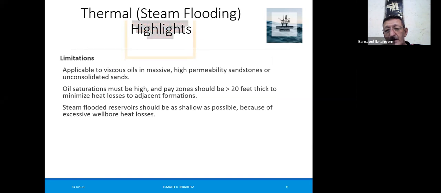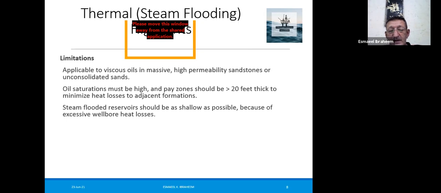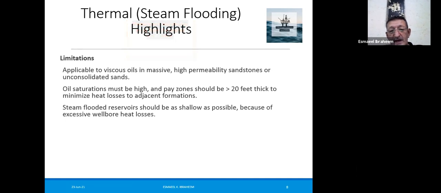You should also have high permeability sandstone or unconsolidated sand, which is better for the operation. Oil saturations must be high. The pay zone should be greater than 20 feet thick to minimize heat losses to adjacent formations. A steam flooded reservoir should be as shallow as possible because of excessive wellbore heat loss.